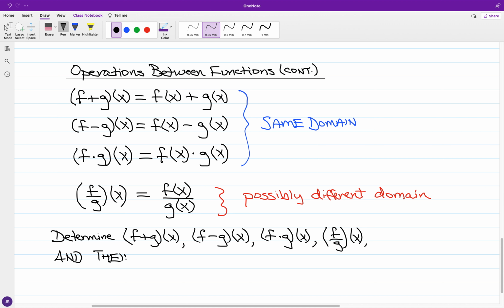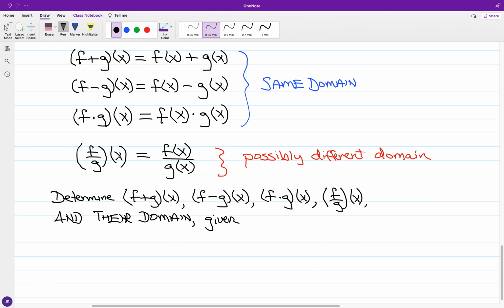We'll have just representing f of x and g of x, and for right now, we'll just keep these as linear functions.